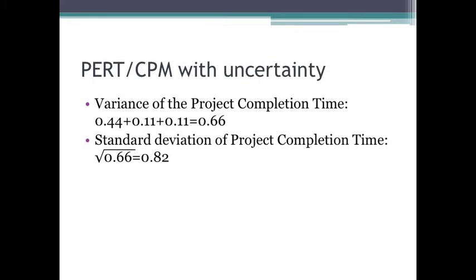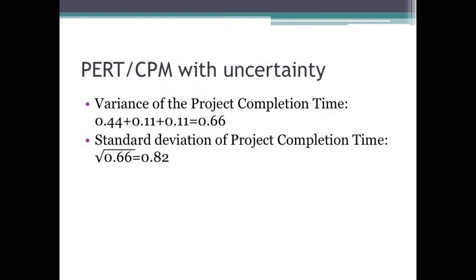So, going back to our example, to calculate the variance of the project completion time, you take the variances of the tasks on the critical path and you add those up. So you add up the variance for B and for C and for F, and you see that that's 0.44 plus 0.11 plus 0.11, that equals 0.66.